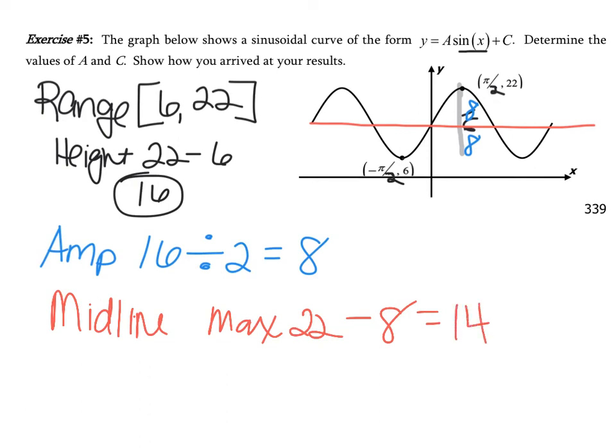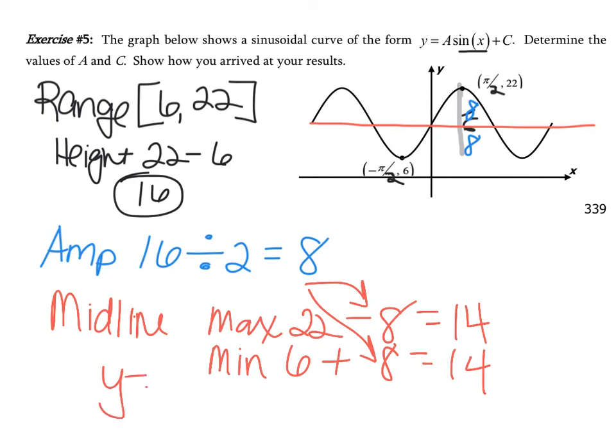So I believe my midline is 14. However, let me double check myself. I'm going to take my min of 6 and add my amplitude of 8 and I also get 14. So my midline is y equals 14.